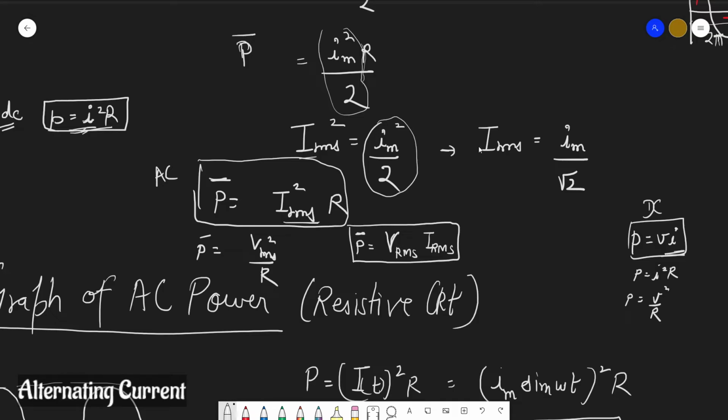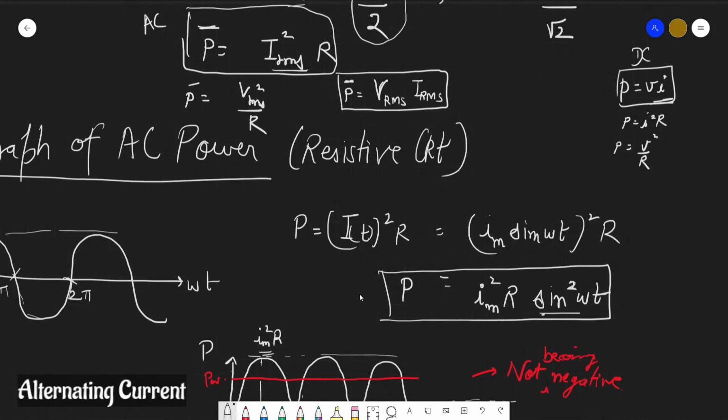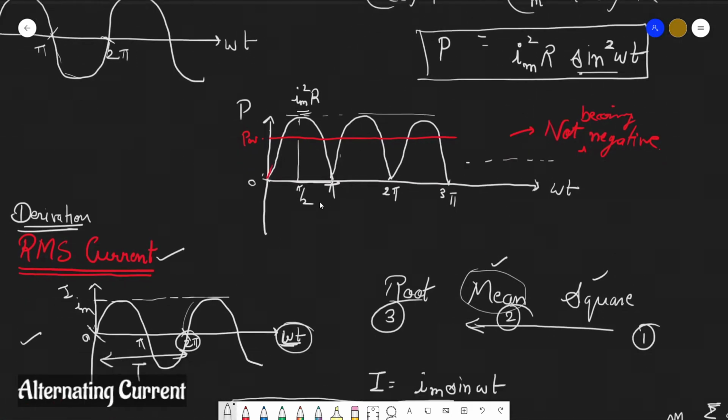So this is the significance of RMS value, to make this analysis equivalent. So this is what we are seeing, those RMS values and average values.